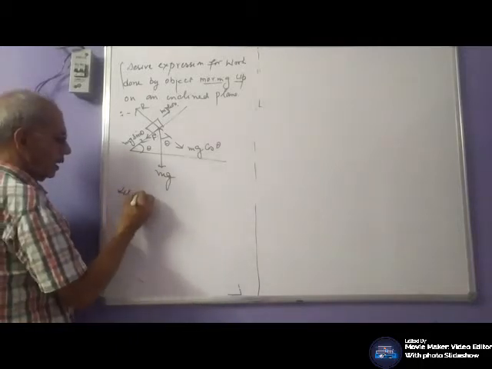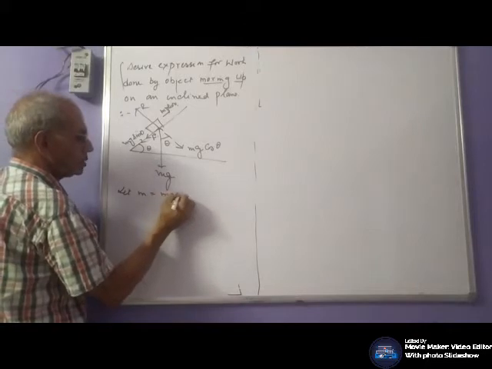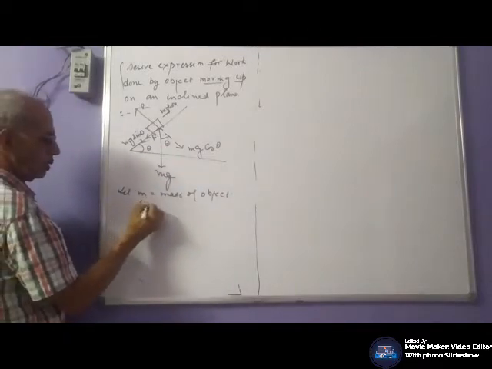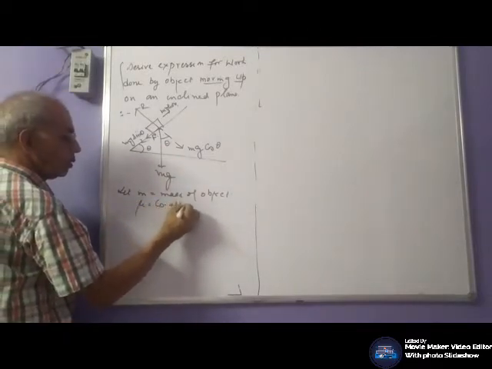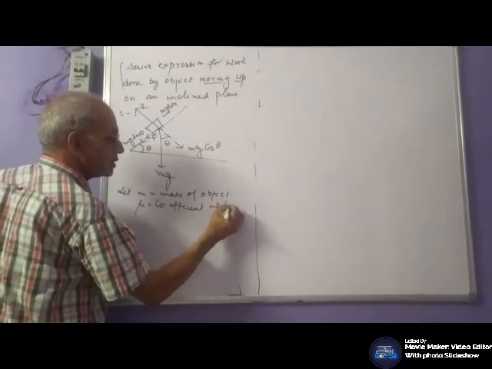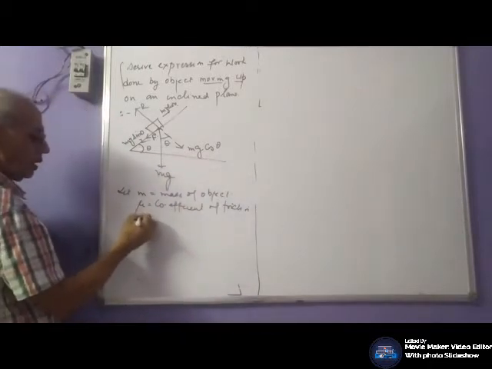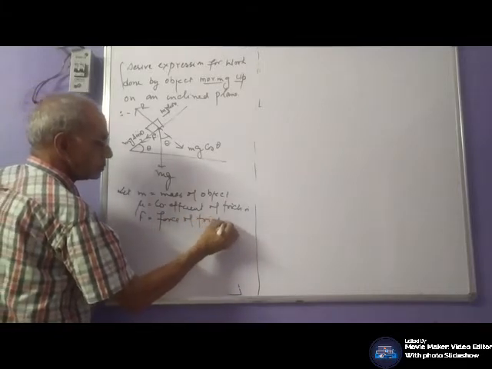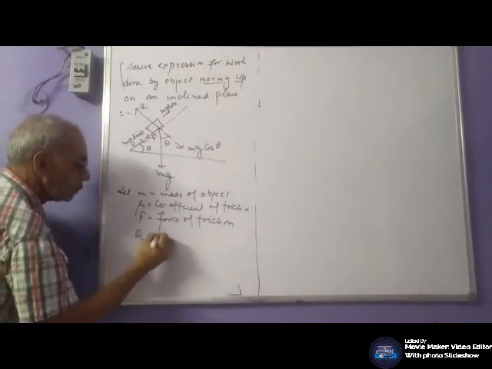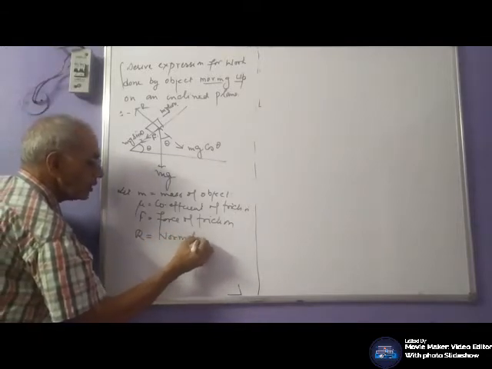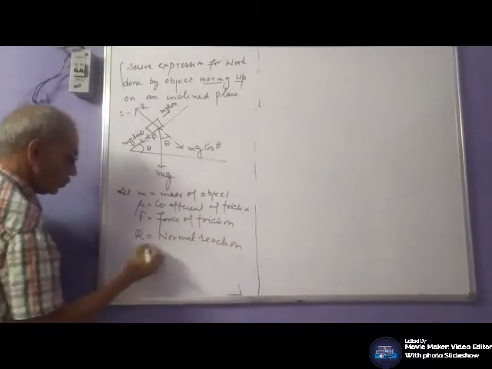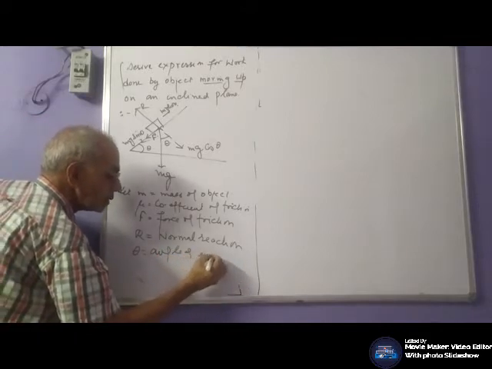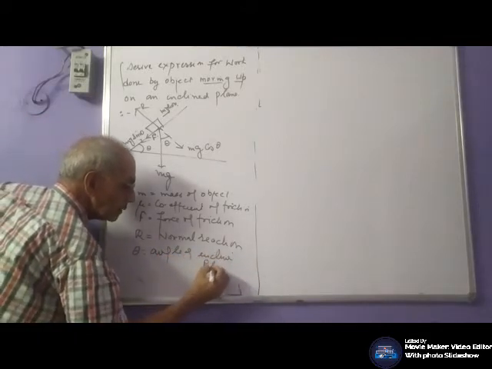Let m be the mass of the object, mu the coefficient of friction, F the force of friction, R the normal reaction, theta the angle of the inclined plane.